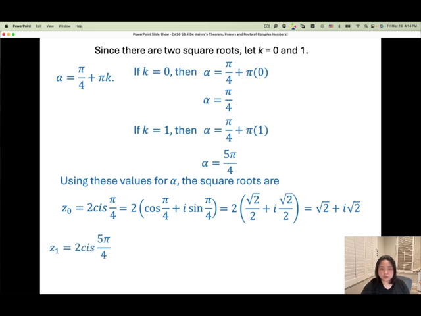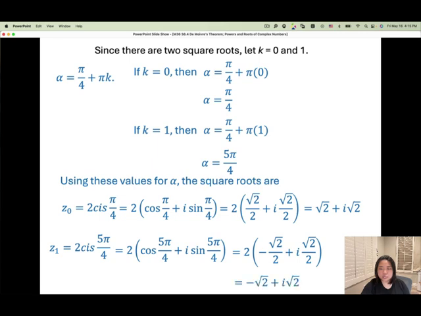Second one, we do have 2 CIS 5 pi over 4. Write it out. What is cosine 5 pi over 4? You should get negative root 2 over 2, and this is going to be root 2 over 2 here. Distribute it. So you're going to get negative root 2 plus I square root 2. Okay, your final answer, that will be the rectangular form.